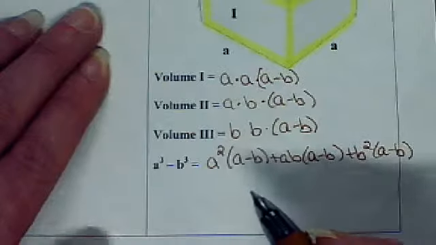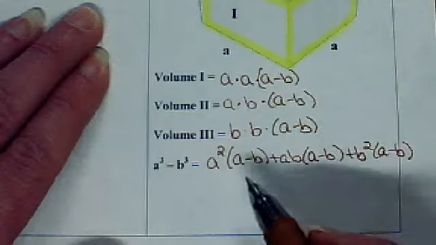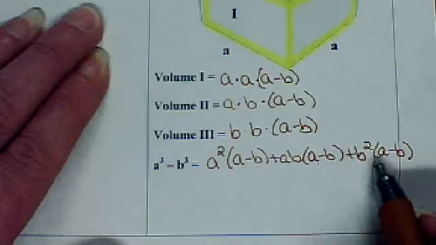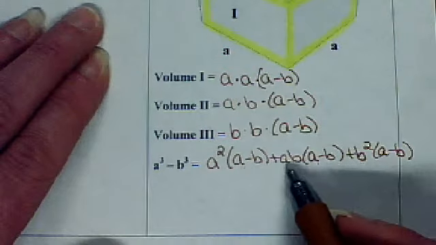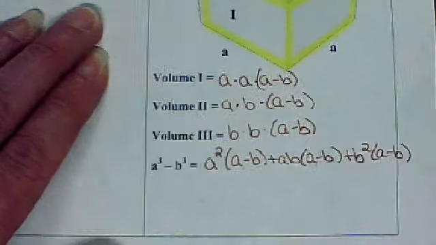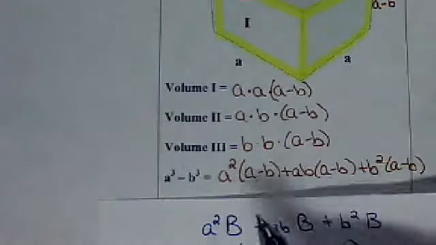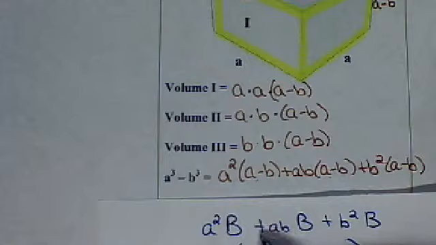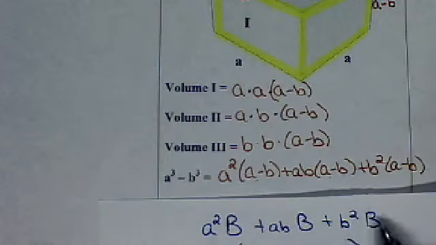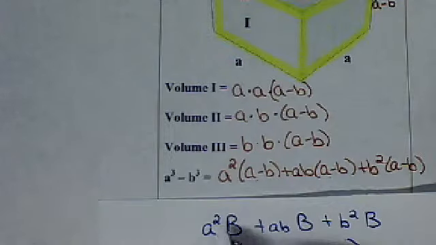Now, you'll notice that I have the same parentheses, same factor in every single one of these terms. It's sort of like if I'd had A squared times something plus AB times that same something plus B squared times that something. Now knowing that, if it had just been a variable or a number, you can factor it out.